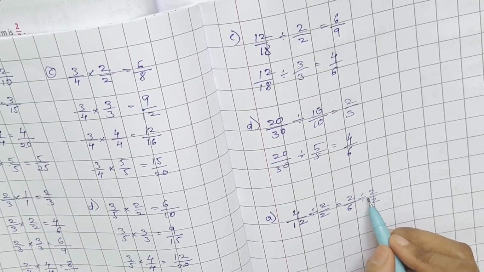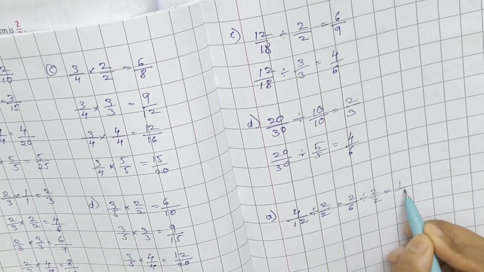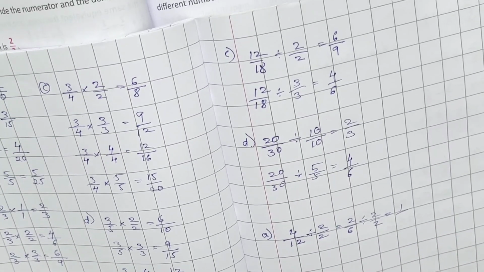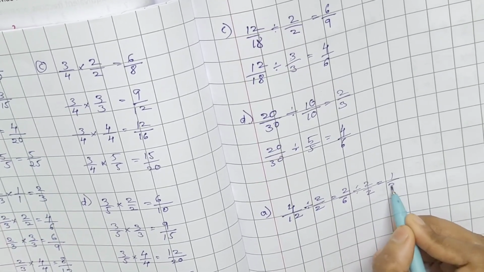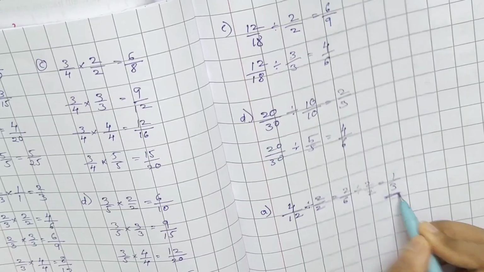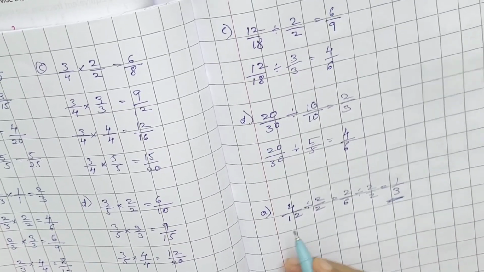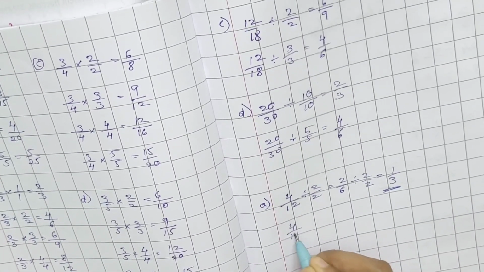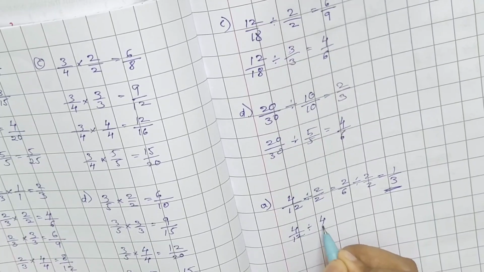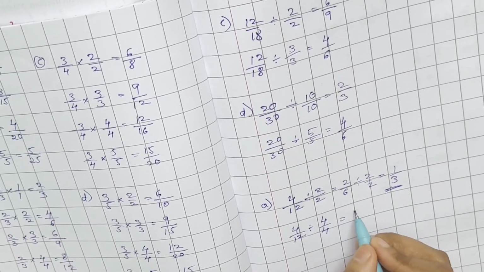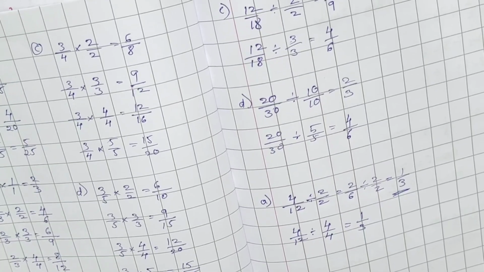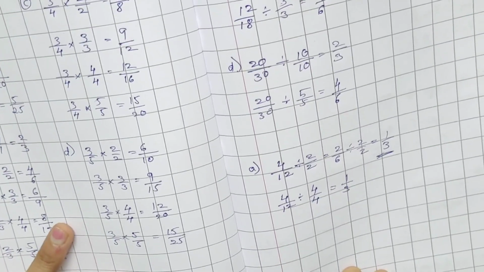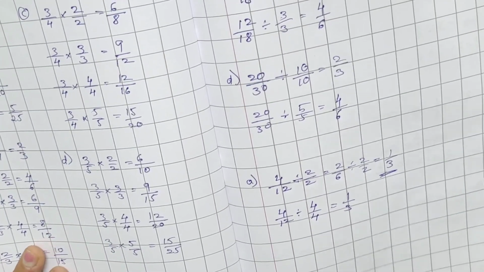Okay. Because we have to get a lowest form. So the answer is 1 by 3. Okay. Or else you can do like this also. 4 by 12 divided by 4 by 4. 1 by 3. Okay. Anything you can do. But we have to get lowest.